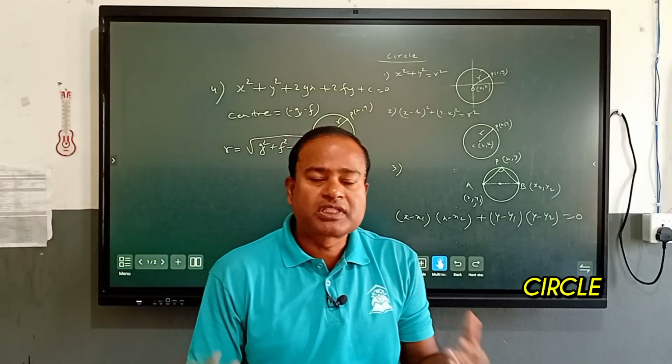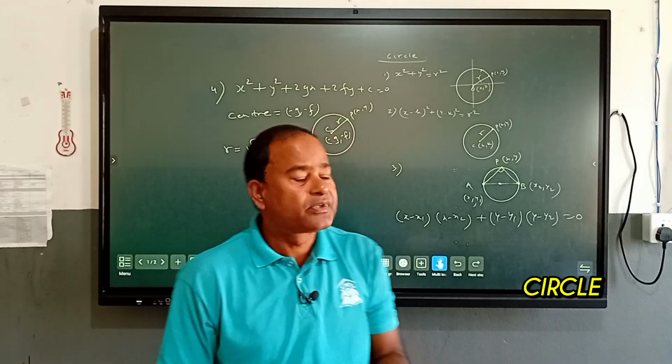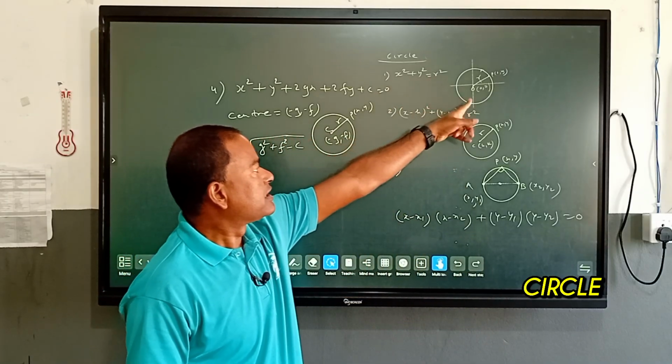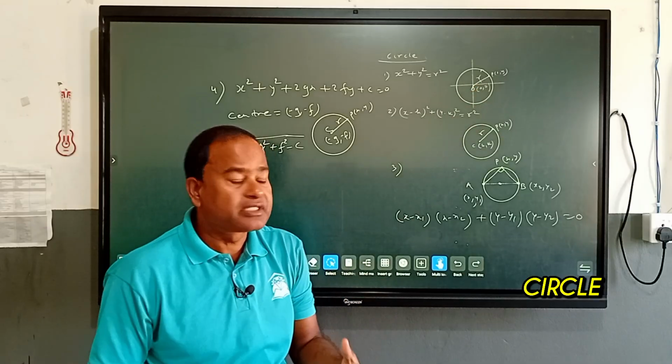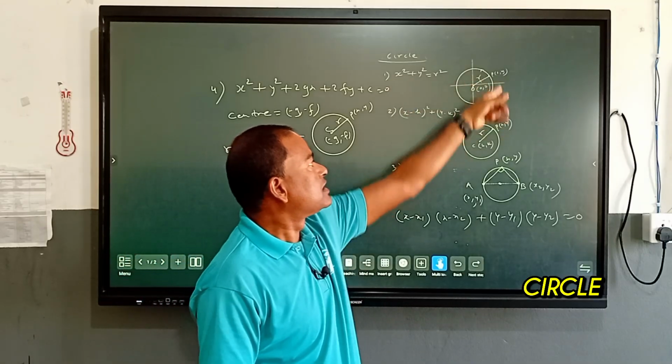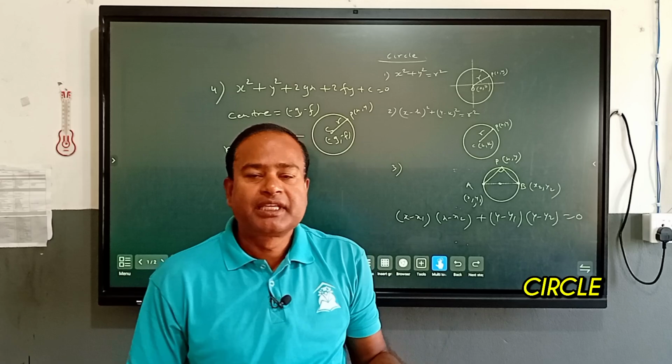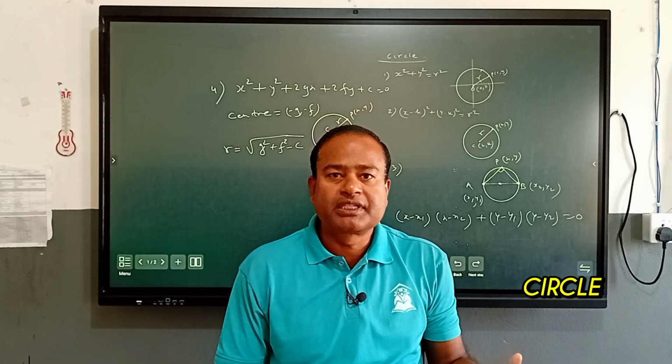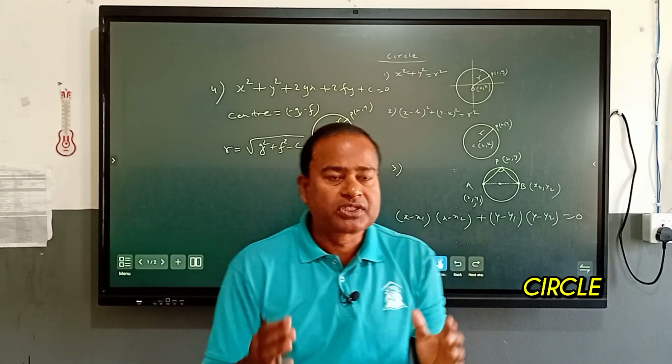So the first formula is x square plus y square equals r square, where r is the radius of the circle and x comma y is the moving point, or any point at the circumference of the circle.